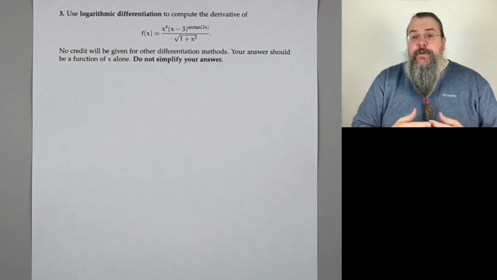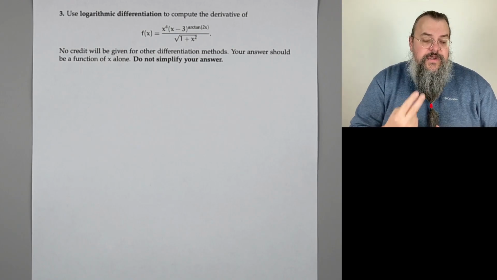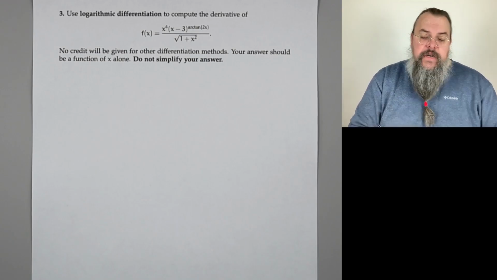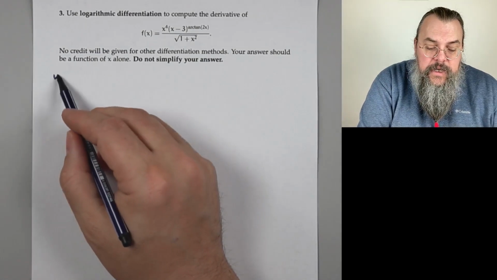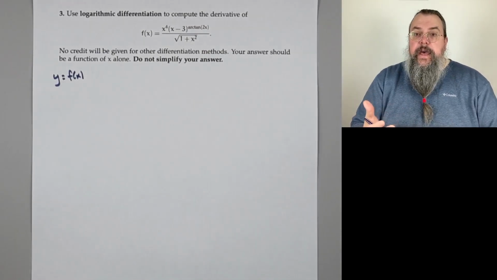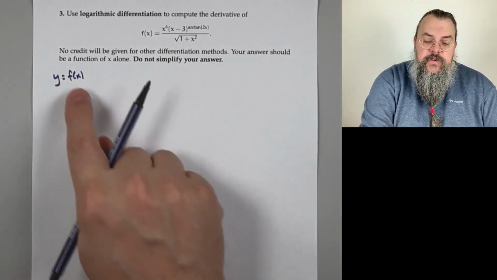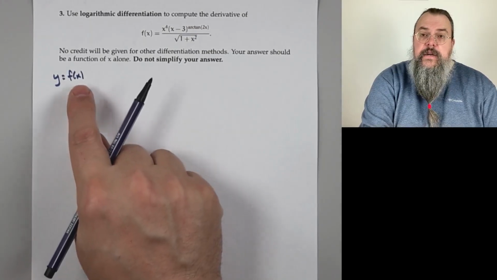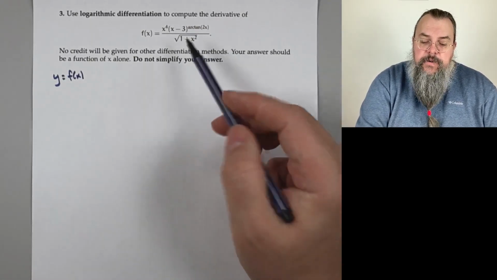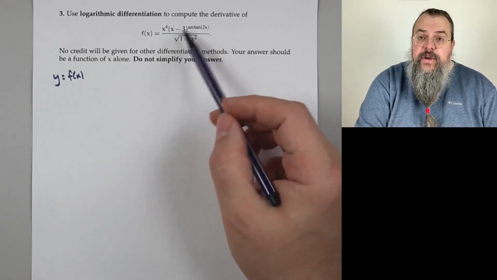Now, when it comes to logarithmic differentiation, there are sort of two schools of thought. And what are they? Well, one school of thought is to say, all right, you have y equals a crazy expression, f of x. And you say, well, this involves lots of multiplying, functions both upstairs and downstairs. Something like this, x minus 3 to the arctangent 2x.